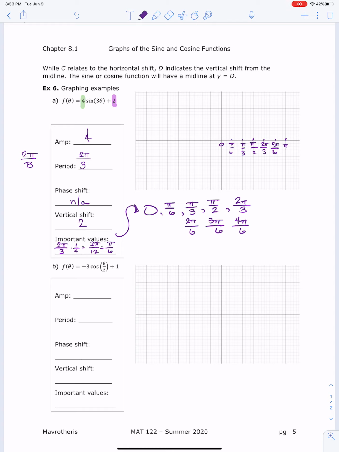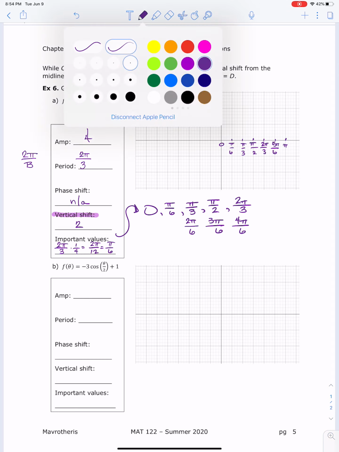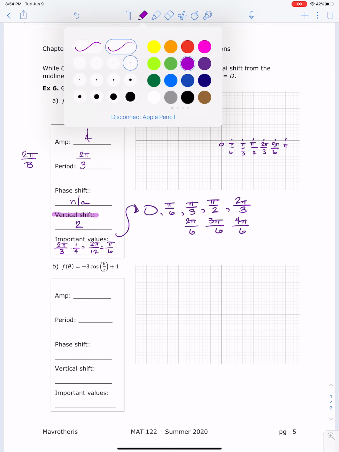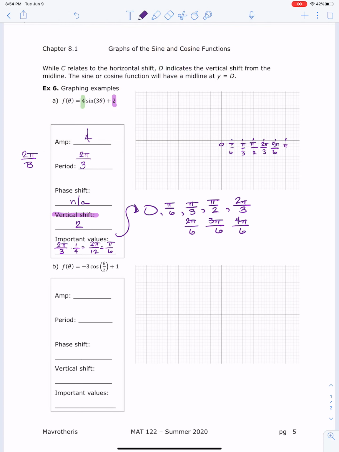Okay, so let's start with a couple of things. I want to start with that vertical shift. Everything's erasing. That's not helpful. And so we've got a vertical shift. Let's see, how do we want to number this? Just count by 2s.